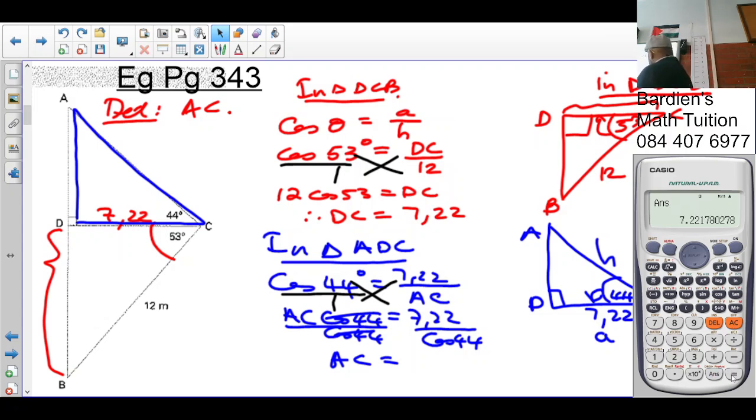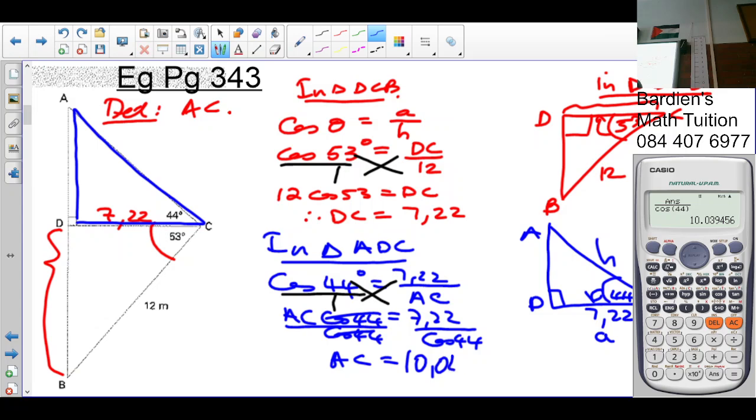So now we say answer over cos 44, close the bracket, gives us 10,04. Okay. So any confusion there? The question says calculate the length of AC. If they had asked the nearest meter, it would have been 10 meters. Okay.